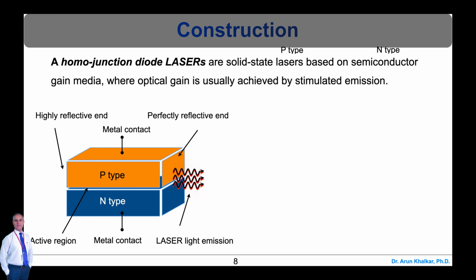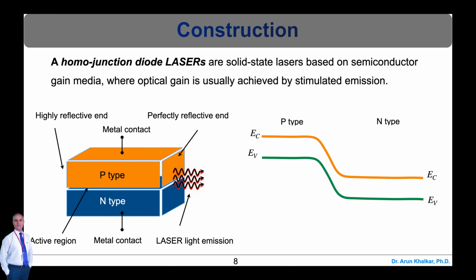As shown in this band diagram, the band diagram of a heavily doped PN junction without bias is shown here, in which EV is the energy level of the valence band and EC is the energy level of the conduction band.